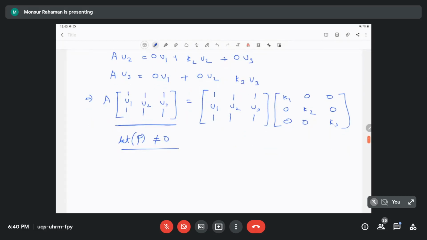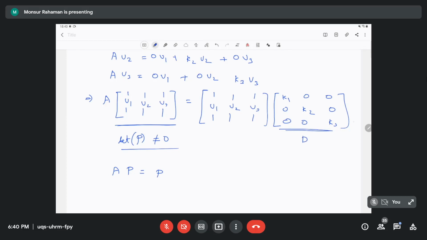So if I call it P, then AP equals P times this matrix, which you can write as D because it is a diagonal matrix.